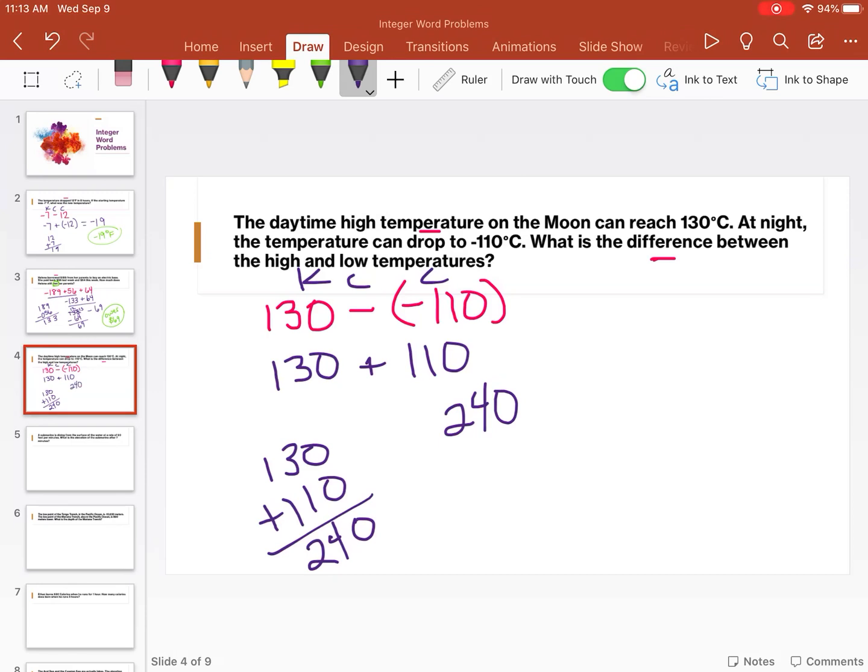So temperature can be positive, it can be negative. So this is a +240 degrees Celsius. Okay, and because they were talking about the difference, that's like the distance between them, this really should be positive. The distance between these two numbers is a positive number.